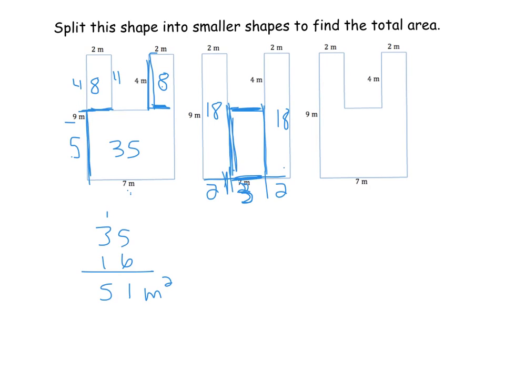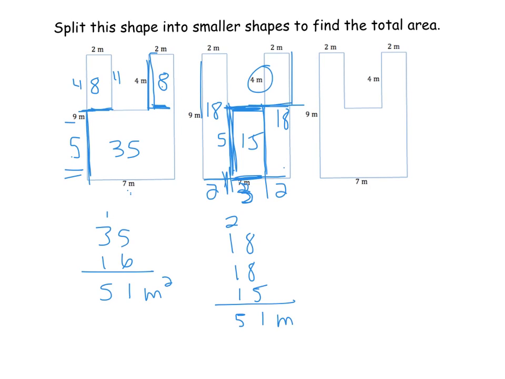And then here we found it over on this first one. But again, how we did that was 4 of this was used. So of this 9, only 5 is remaining. So 5 times 3 is 15. So we have 18 plus 18 plus 15. So 16 plus 5 is 21. And this would make 51 as well.